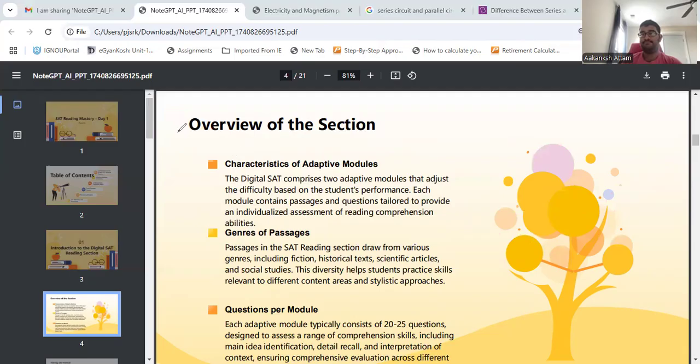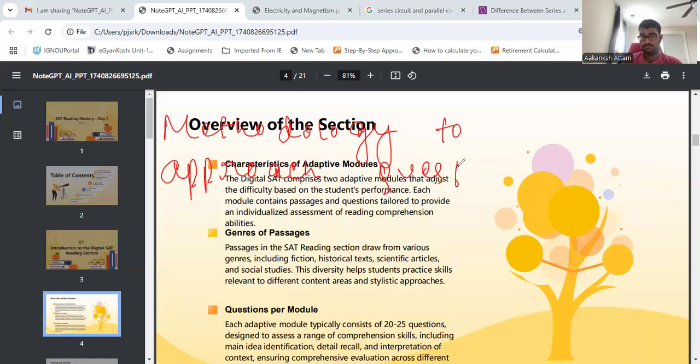Now we will understand the methodology, and I want you to make a note of this, okay? Methodology to approach questions related to context interpretation.